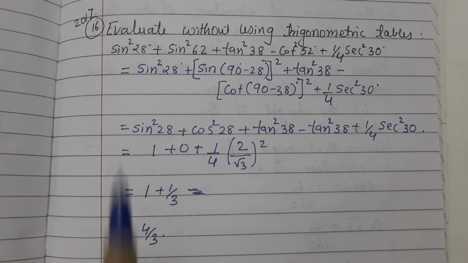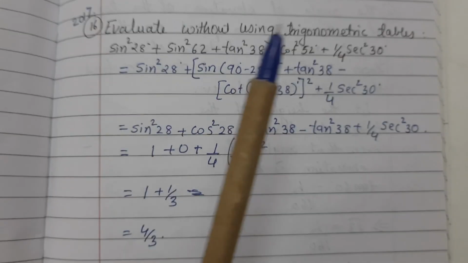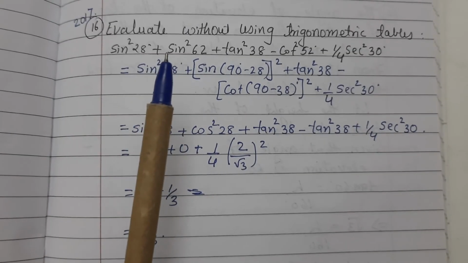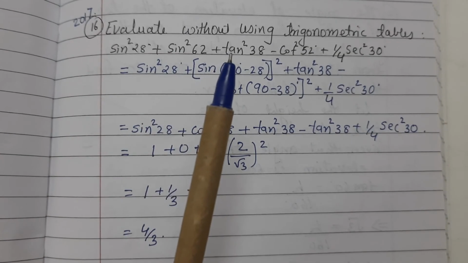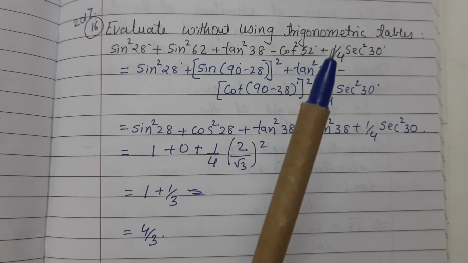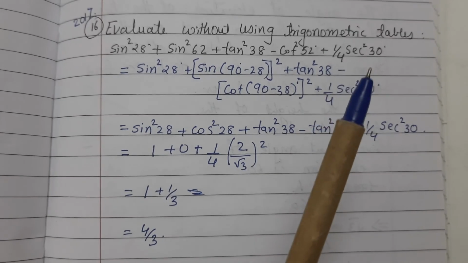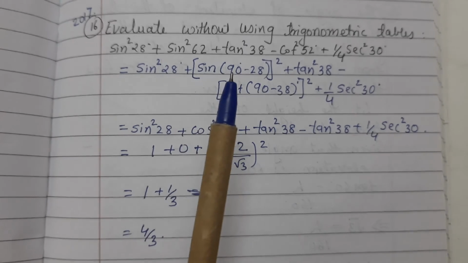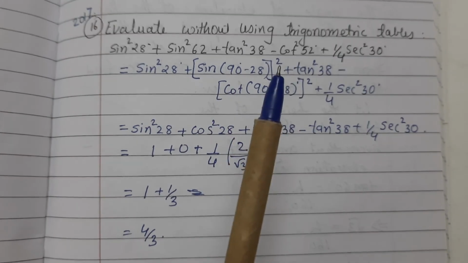Sum number 16. Evaluate without using trigonometric tables. Sin square 28 plus sin square 62 plus tan square 38 minus cot square 52 plus 1 upon 4 sec square 30. Sin square 62 we can write it as sin 90 minus 28 the whole square.